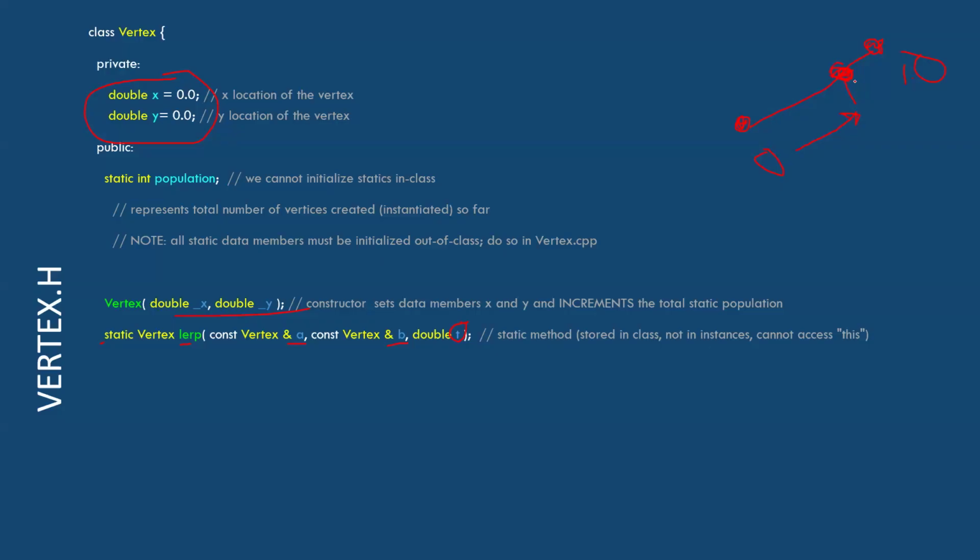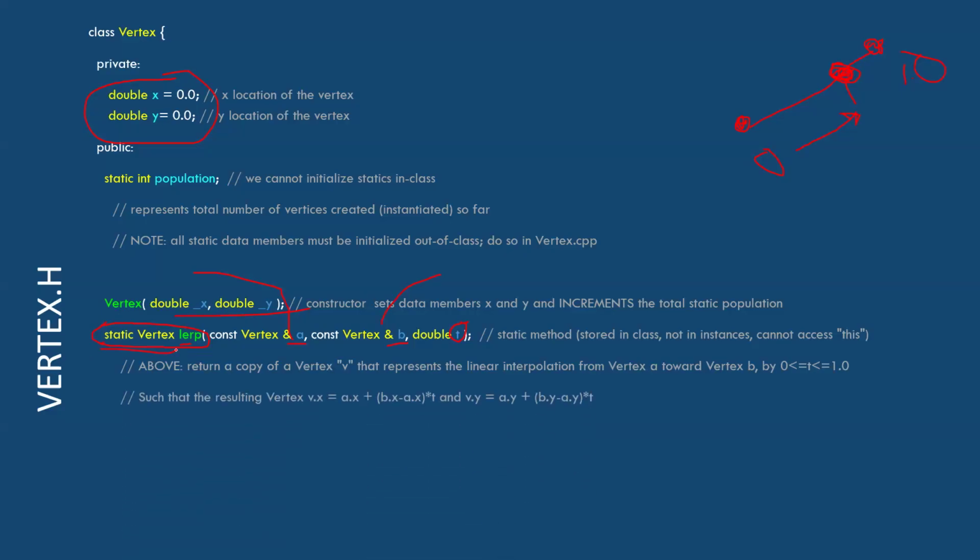This is how we find a new point in a 2D space or even in a 3D space, okay? That's an example of a mathematical function that we might as well keep at the factory. It's got some fun little math in it, but it doesn't need to be copied into every vertex. Why fill up our vertex with that, okay? So somebody gives us the A and the B, and then we just return a new vertex. That's what we're going to write as well.